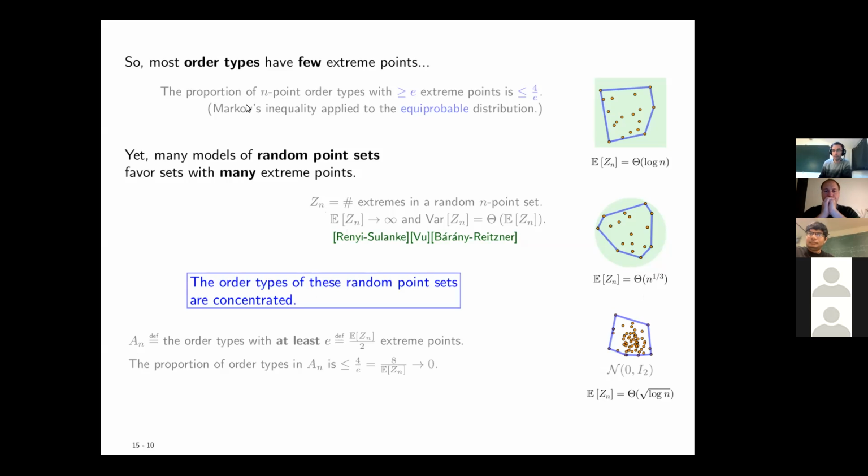By Markov's inequality, the proportion of order types that end up in A_n goes to 0, because the expectation goes to infinity. And for the probability that a random point set does not land in A_n, you need the number of extreme points to deviate from the average by at least half. There you can apply Chebyshev's inequality, and because the variance is small, that goes to 0. So as soon as we get the result that most order types have few extreme points, we will get this concentration bound.